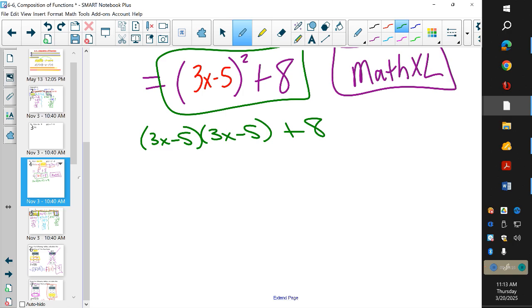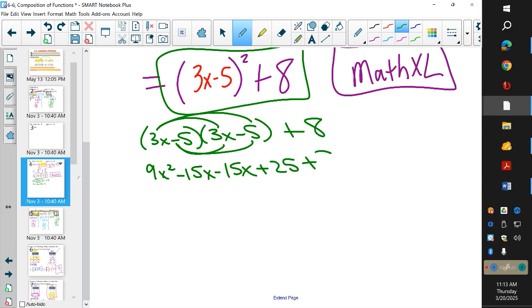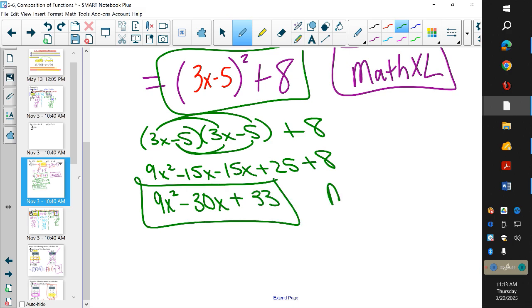So if I FOIL that, I'm going to get 9x squared minus 15x minus 15x plus 25 plus 8. Combine like terms, 9x squared minus 30x plus 33. This is the answer that Mrs. Yoder wants.